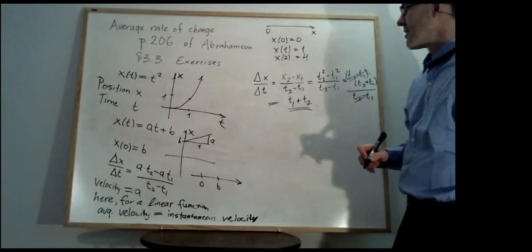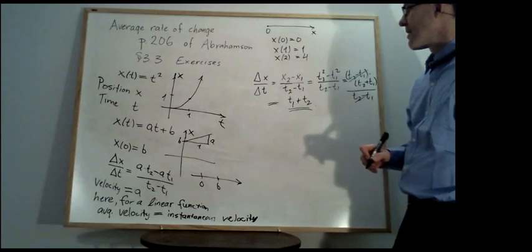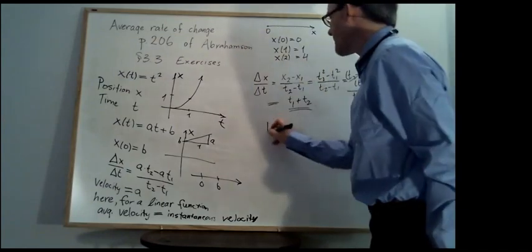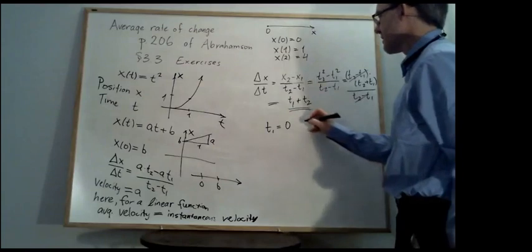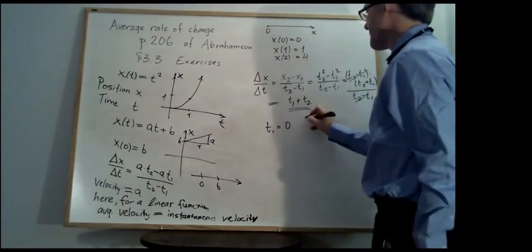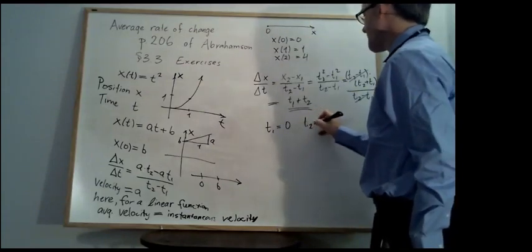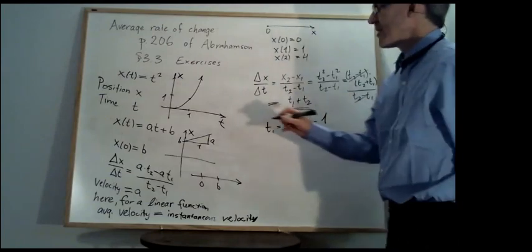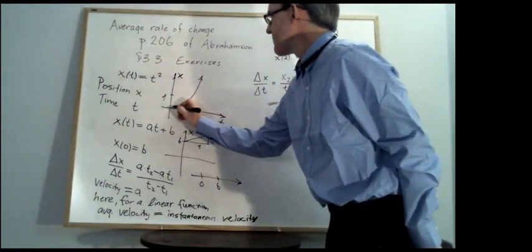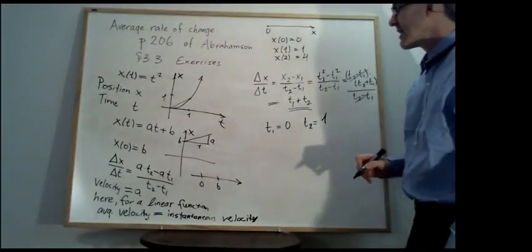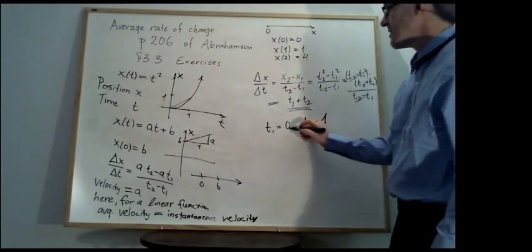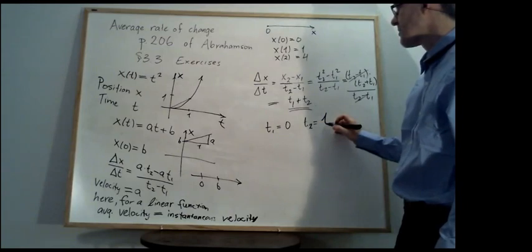So let's see how that works. If you take t1 to be 0, the starting time, and t2 to be 1, then this is the slope of the straight line connecting t1 equals 0 to t2 equals 1.